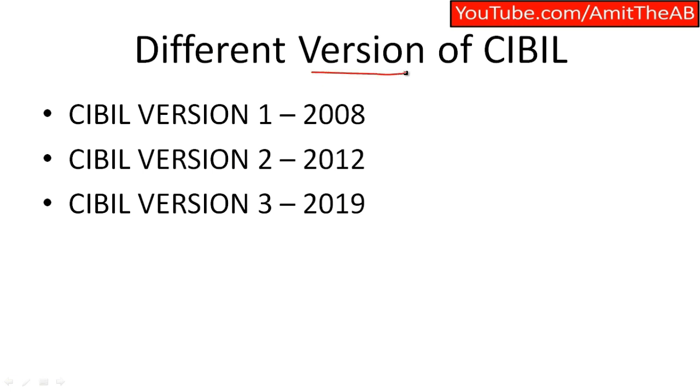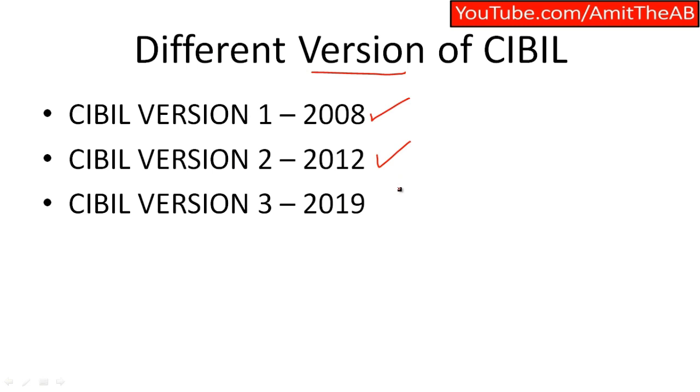First, what is a version? In simple words, when CIBIL collects your credit data, it generates a score from that data. That whole generation process is based on an algorithm. So whenever there is a change in that algorithm, a new version is introduced. The first was in 2008 when version 1 was there, and in 2012, based on the industry's feedback, CIBIL changed its algorithm and version 2 was introduced.